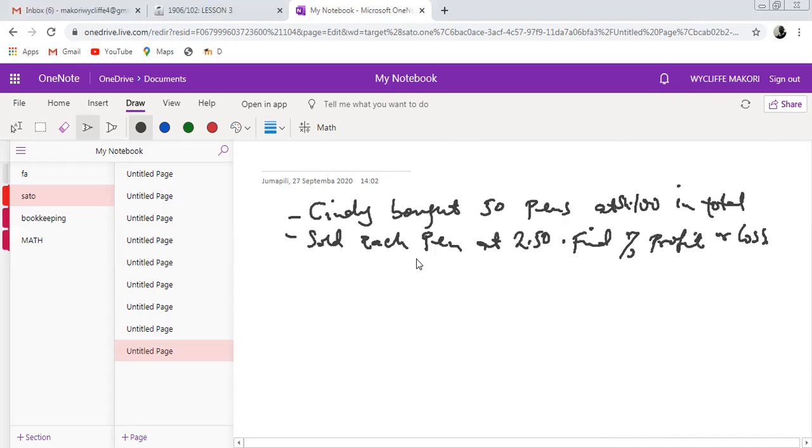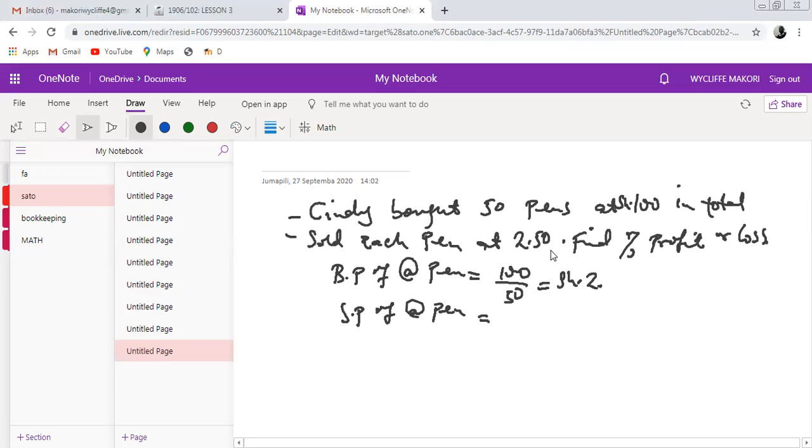So you can say, if 50 pens were bought at 100, then the buying price of each pen will be equal to 100 divided by 50, meaning that each was bought at 2 shillings. And then you are given the selling price of each pen. We have been told it is 2.5.